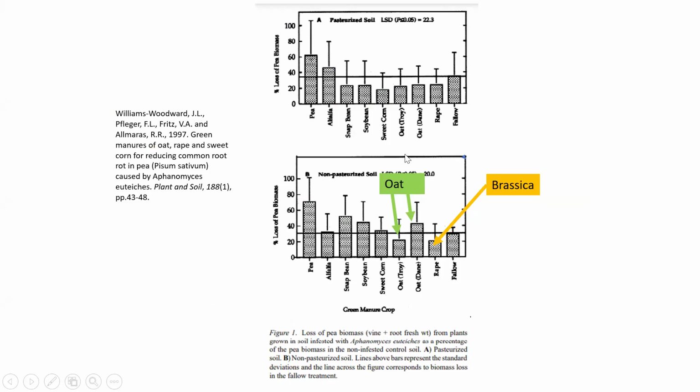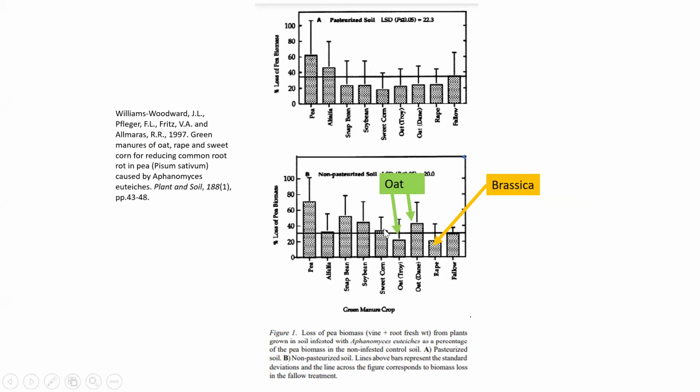Other plants that suppress diseases, this diagram here looks at brassicas and even oats at suppressing common root rot of peas caused by Aphanomyces.